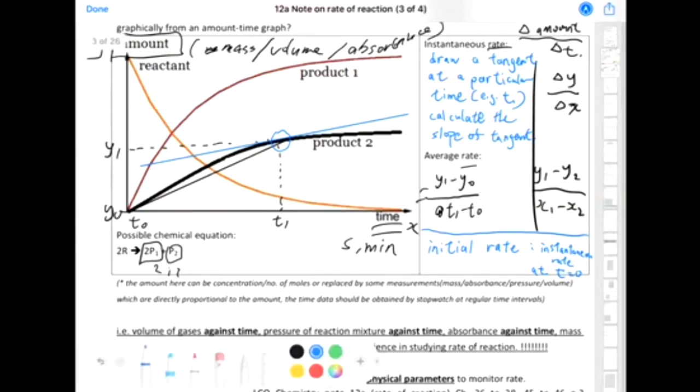Drawing a tangent. If I use another color to draw the line.